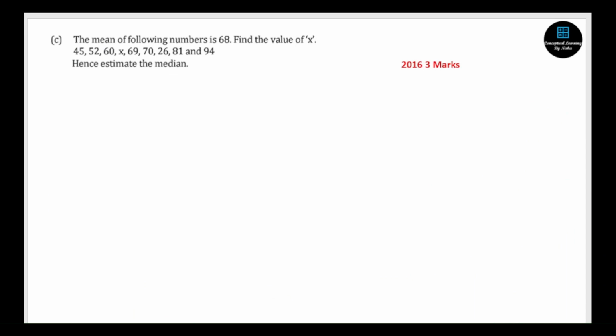Now this question is from the 2016 paper, a very simple question, where the mean is given, and we have to find the missing value x. Also we have to estimate the median.